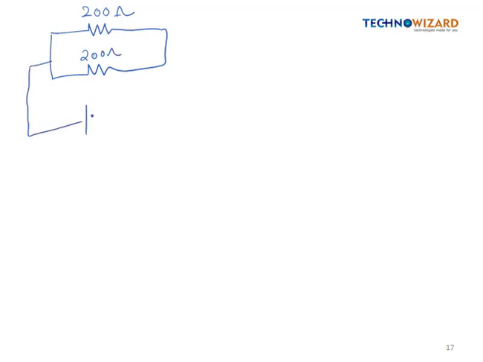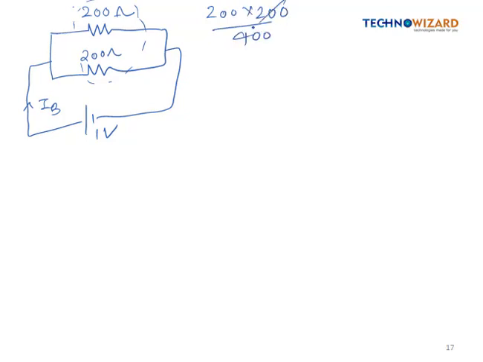A battery of 1 volt is connected there and the current IB is flowing. Now these two values can be reduced to 200 into 200 divided by their sum, so it will be simply 100 ohm, right?